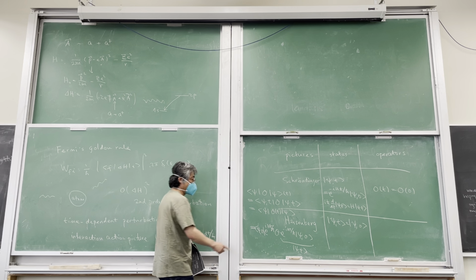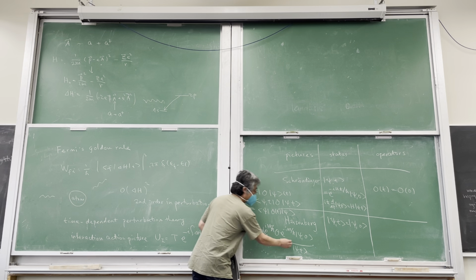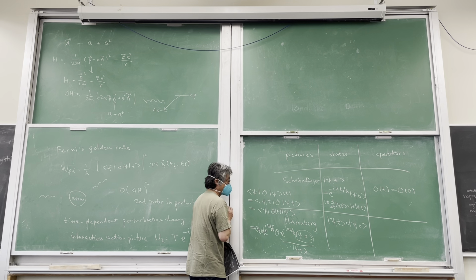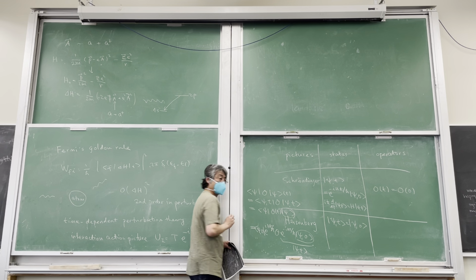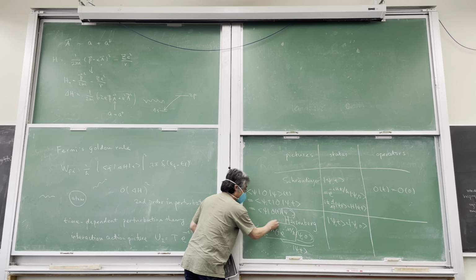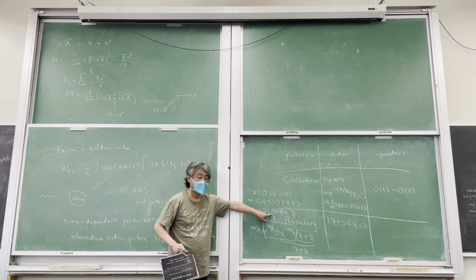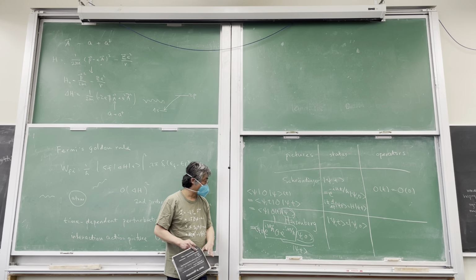So now you can see that the connection between the Schrödinger picture and the Heisenberg picture is that this psi 0 is nothing but the psi in the Heisenberg picture. And this time evolved operator is the definition of the operator in the Heisenberg picture.